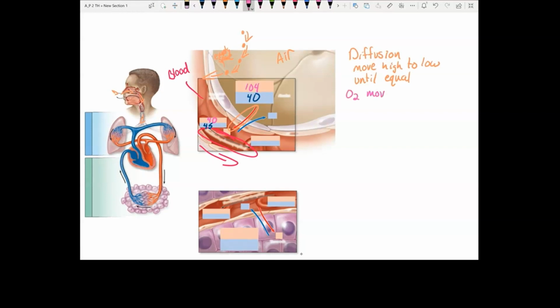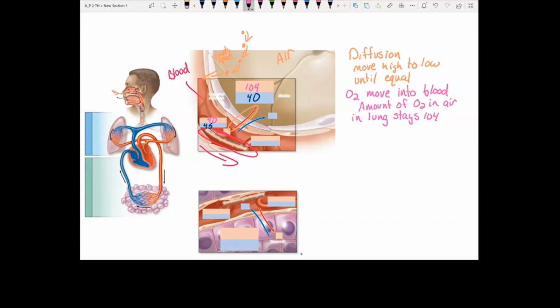So we're going to have oxygen move into the blood. But the amount of oxygen in the lung stays consistent because it just keeps moving in to take the place. Now, if you were to close your mouth and plug your nose, then this wouldn't happen and the amount of oxygen would actually drop.